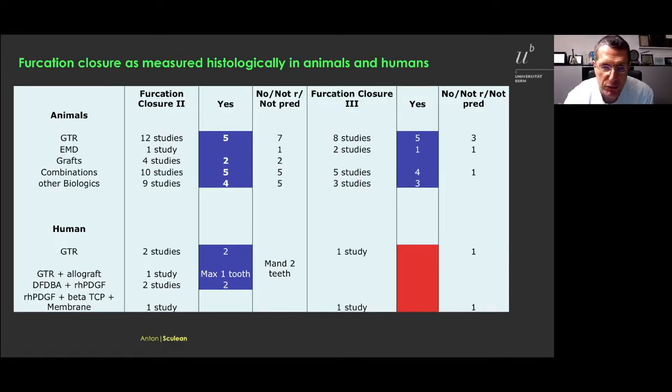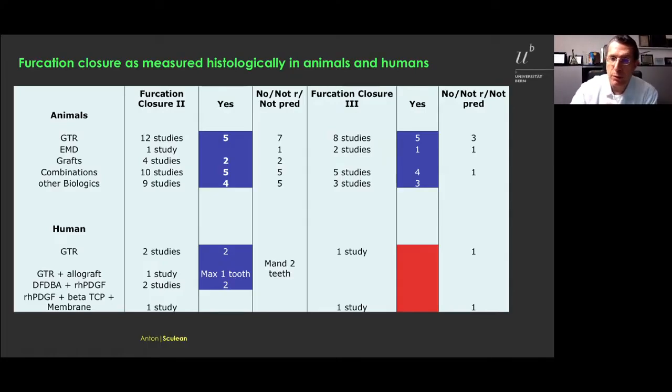Because first of all, animals heal much better, and secondly, because these defects are usually created surgically, and obviously if you have a surgically created defect, it is not a naturally occurring disease, the healing potential is much better. Look, however, at some human biopsies. None of them demonstrated complete closure of a class 3 furcation, not even a partial closure.